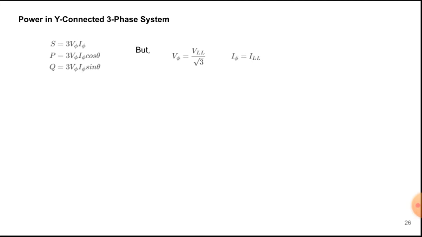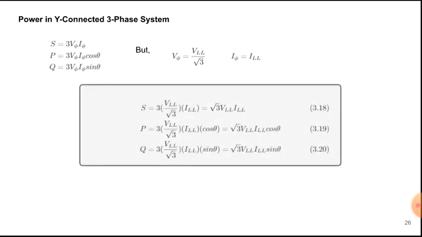So if we substitute this in the formula, S will be equal to square root of 3 times the line voltage times the line current. So your formula now has square root of 3 instead of 3. If you use the line values, you multiply with the square root of 3.